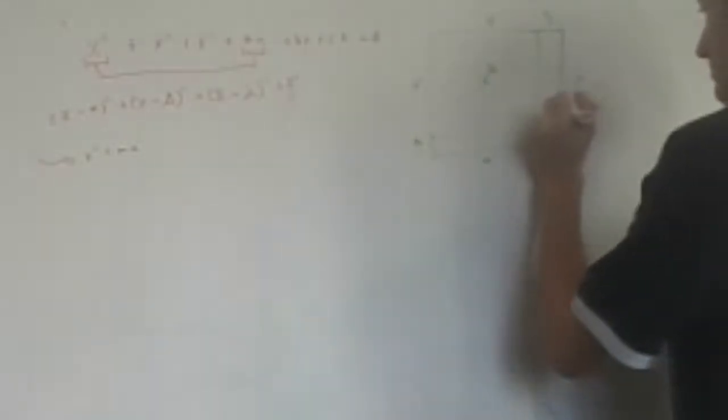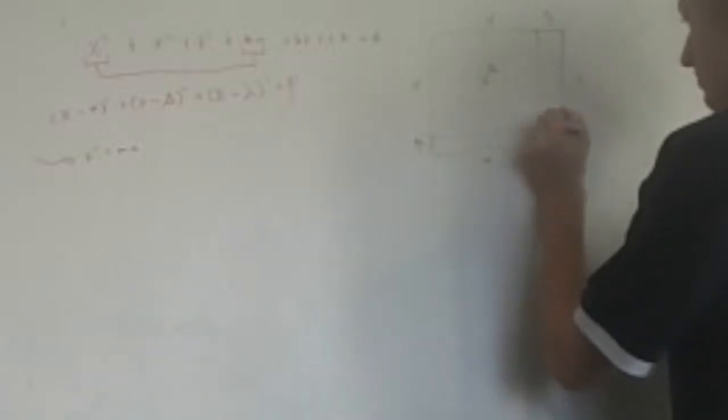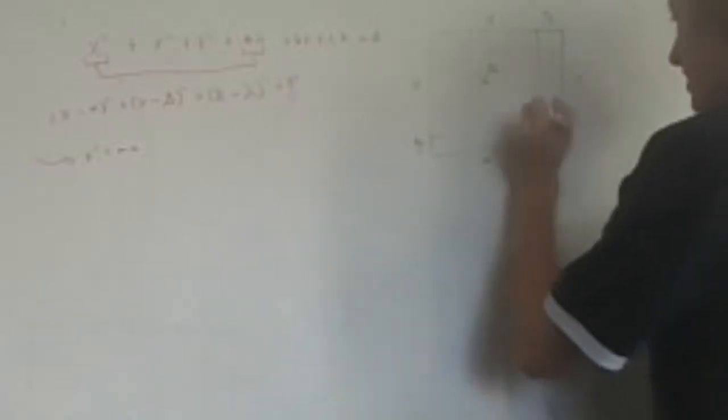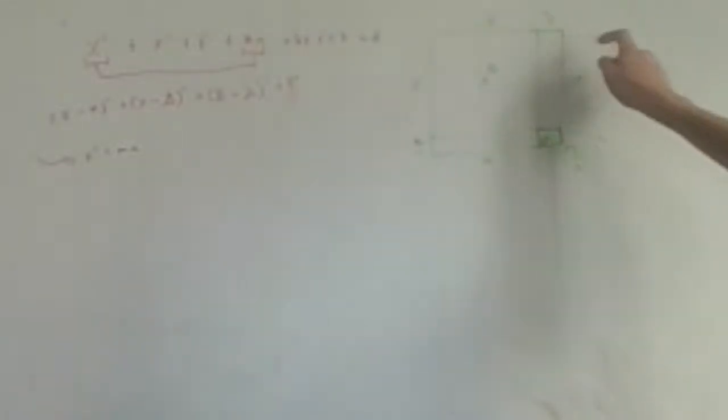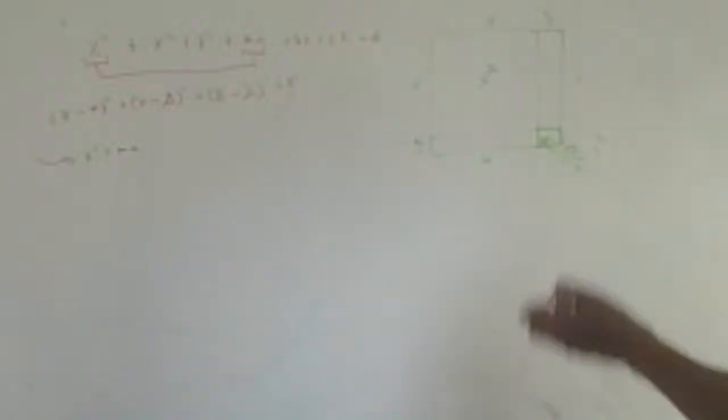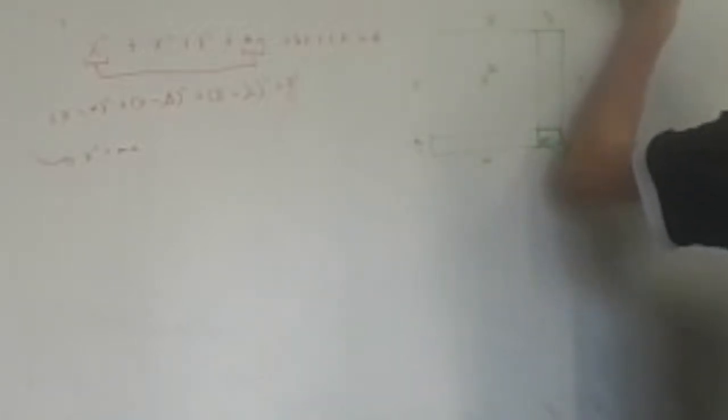And so this area that we're gonna add to both sides is gonna be a over 2 quantity squared. So then we just add a over 2 quantity squared to both sides for a squared over 4. I think that's how that works.